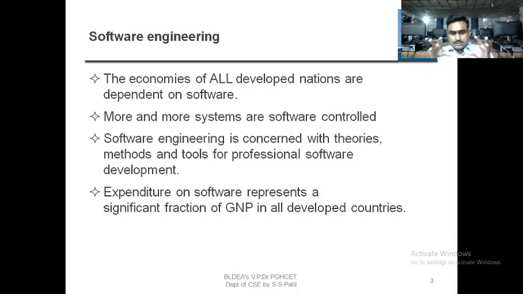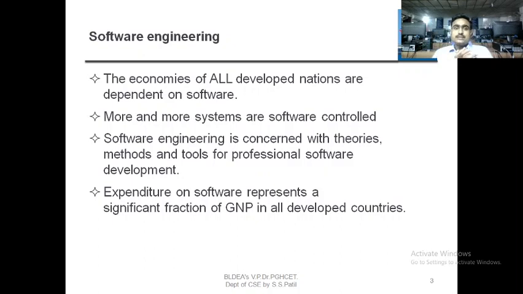A software is nothing but a combination of n number of programs. And what is a program? You know that it is a sequence of instructions. A sequence of instructions combines to form one program, and n number of programs become one software, or what we call an application.